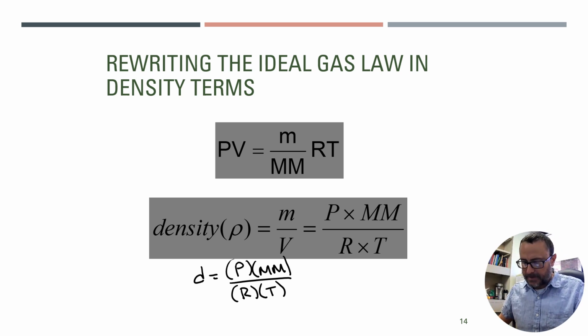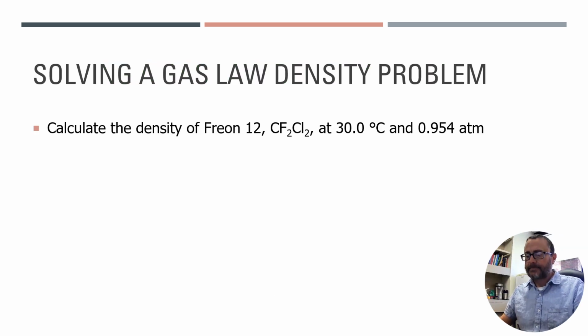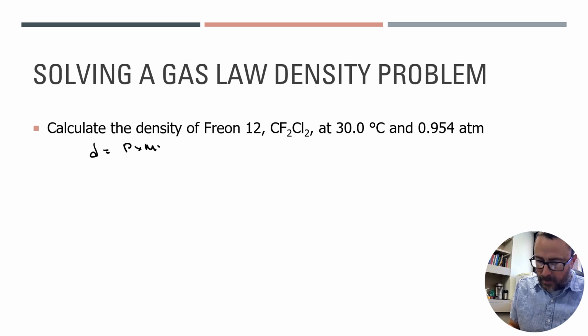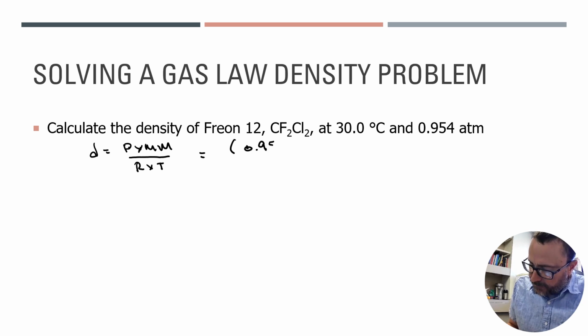All right, so let's calculate a problem of the density. Calculate the density of Freon at 30 degrees Celsius and 0.954 atmospheres. So, density is pressure times molar mass over R times T. Our pressure is 0.954 atmospheres.